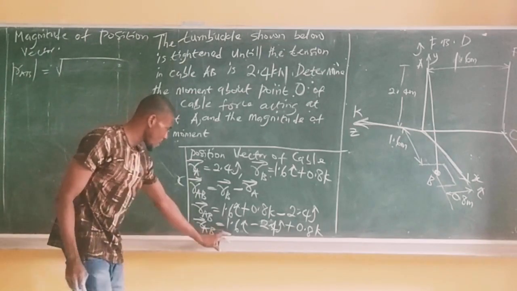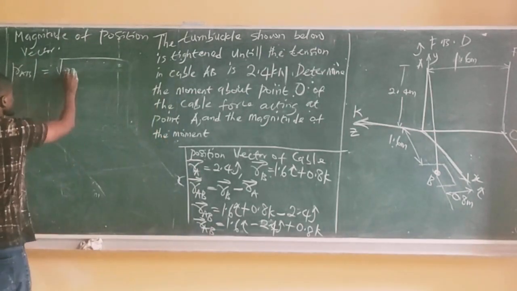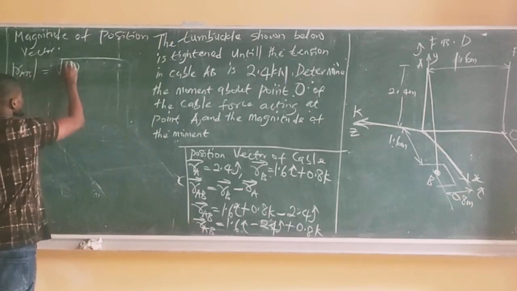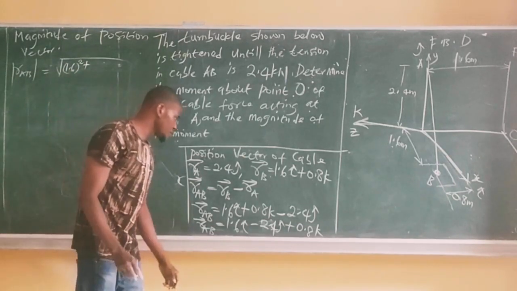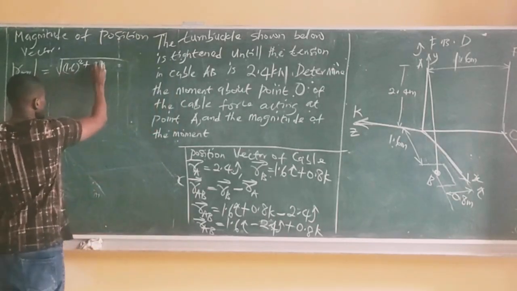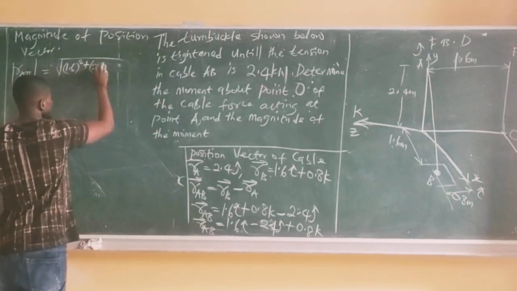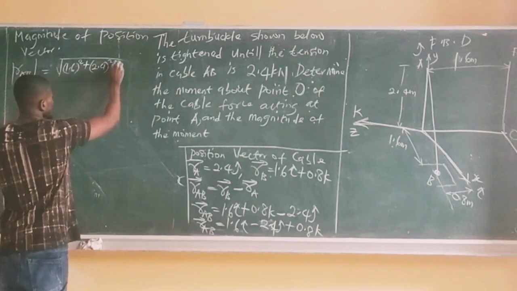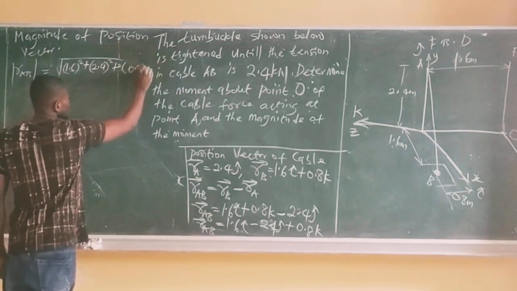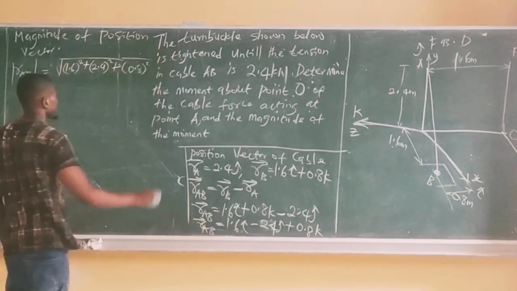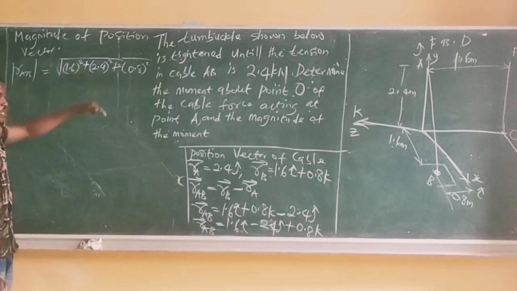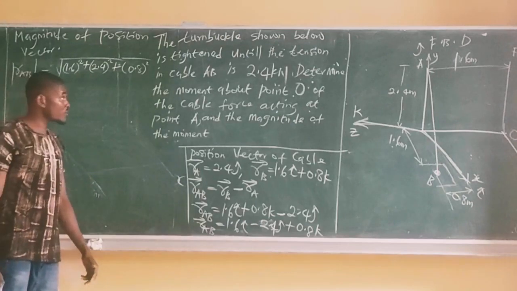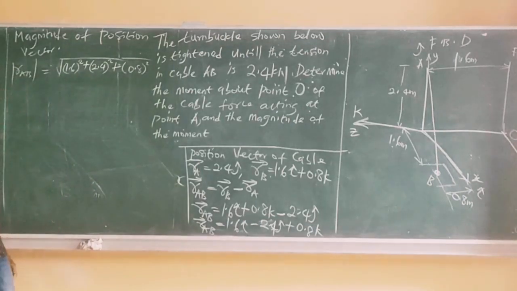So you have the square root of 1.6 squared plus 0.8 squared plus 2.4 squared. Notice that I've omitted the minus on 2.4 because the square of a negative number is always positive, so there's no need to put the minus.